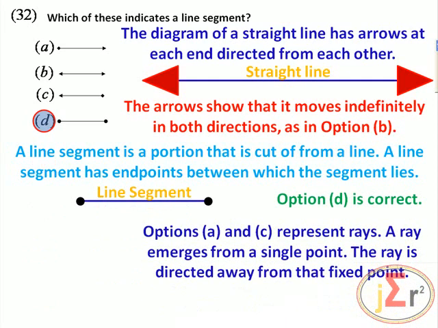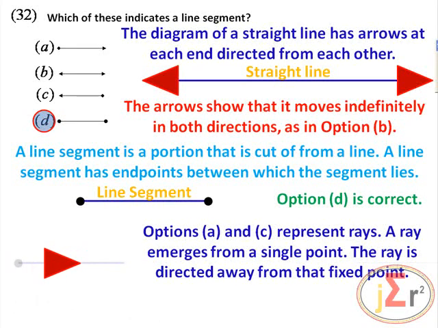Options A and C represent rays. What is a ray? A ray emerges from a single point. The ray is directed away from that fixed point. That's a ray.